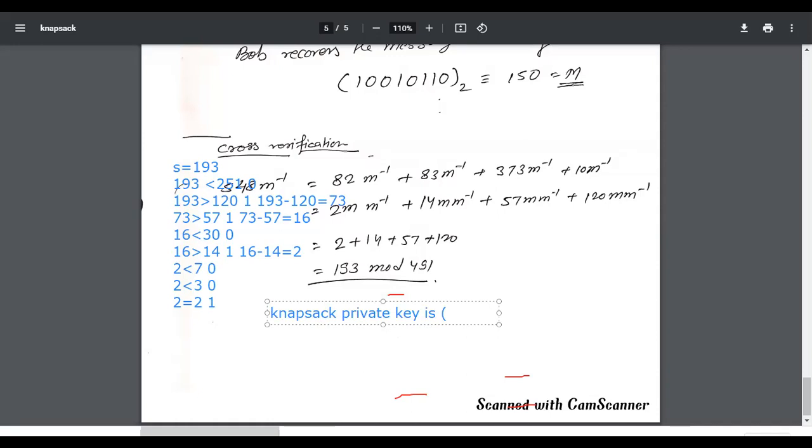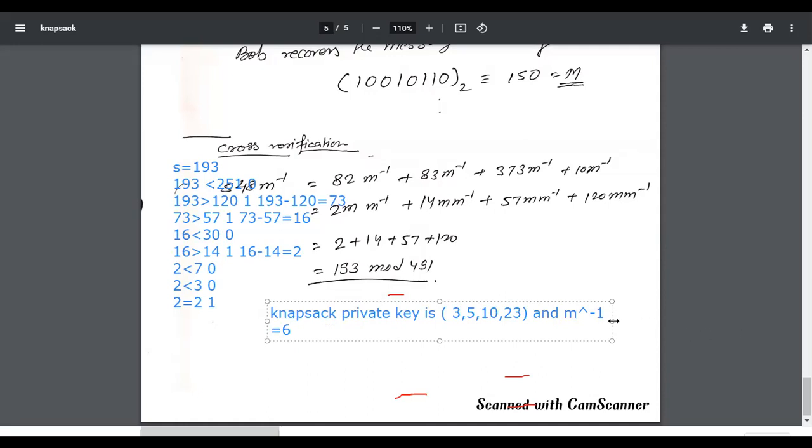It is 3, 5, 10, 20. Suppose this is the knapsack private key, and m inverse, I am writing it as m to the power minus 1 equal to 6.